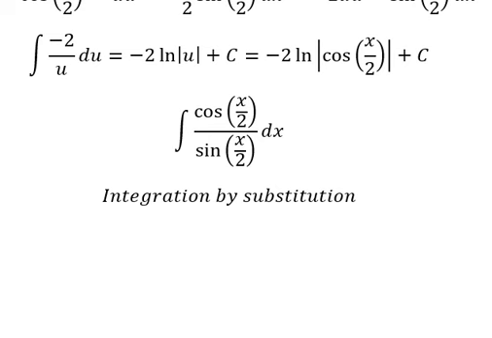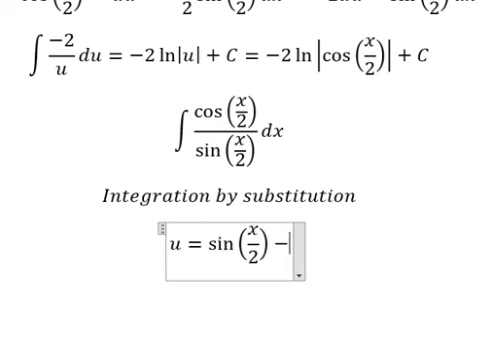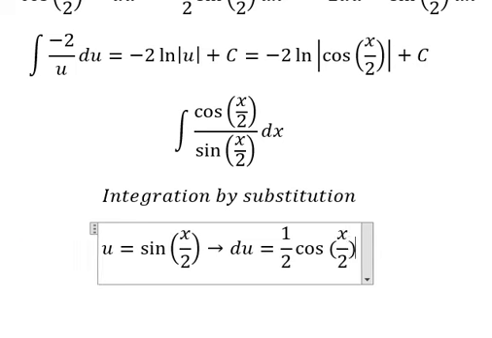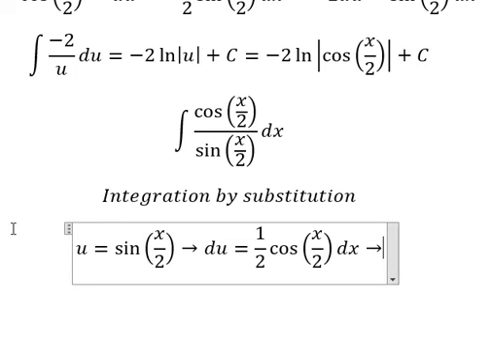So we put u equals to sine of S over 2. Later that, we need to do first the derivative for both sides. So because we don't have 1/2, I will put this one go to the left.